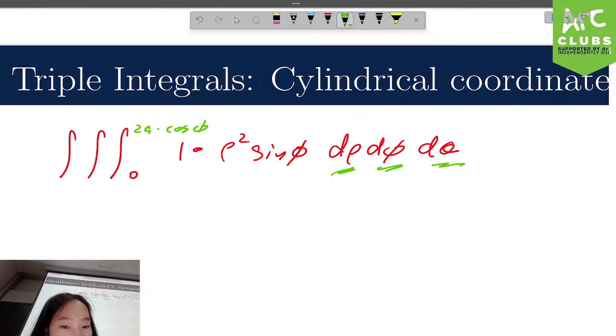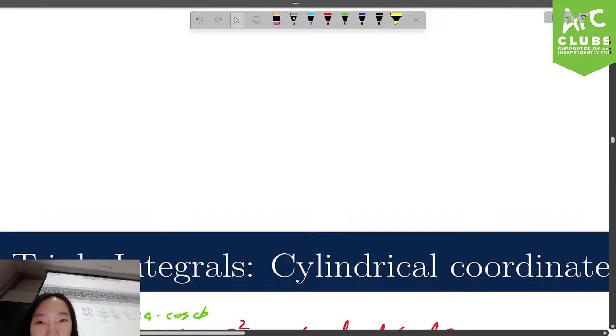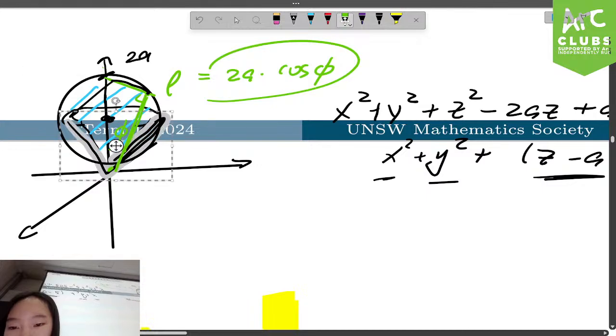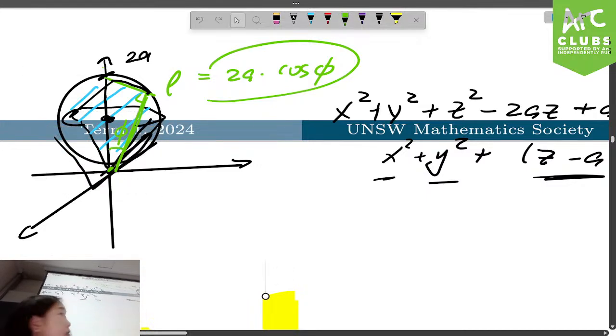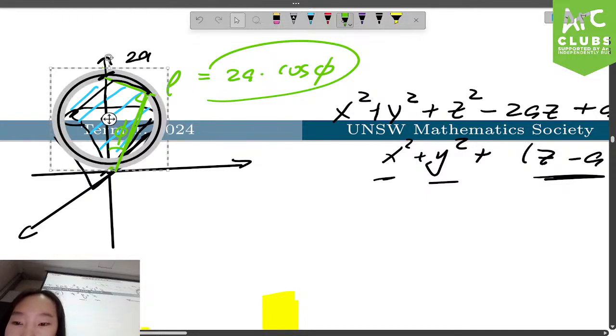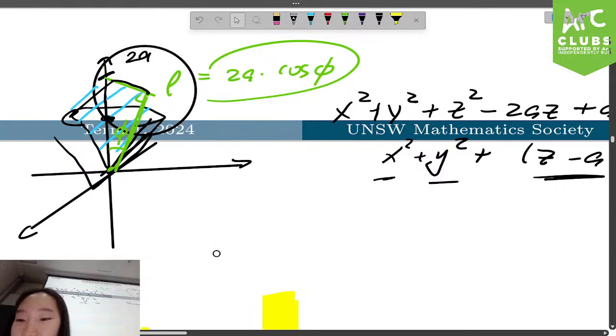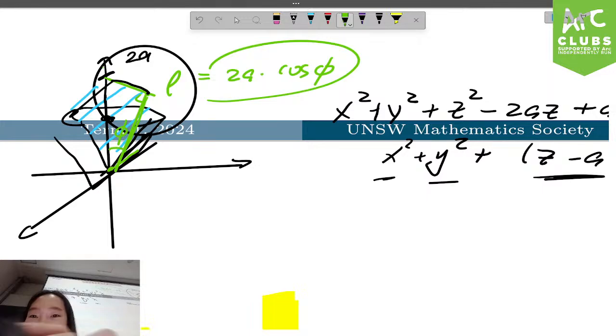And we need to determine the angle for phi. Phi will be over here all the way to this bottom, right? It takes a bit of time. Why is it moving?